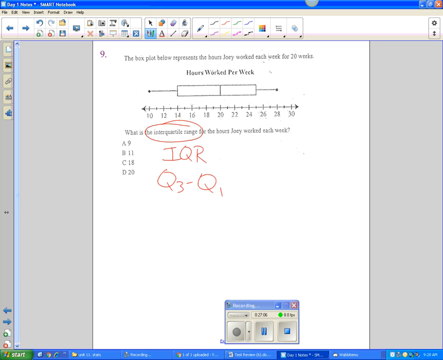Riley K., what do you estimate Q3 to be? 25. Good. So Q3 is right here. That's 25. Stephen A., what do you estimate Q1 to be? Good. And Samaria, what's 25 minus 14? Good. So that one is B as well.